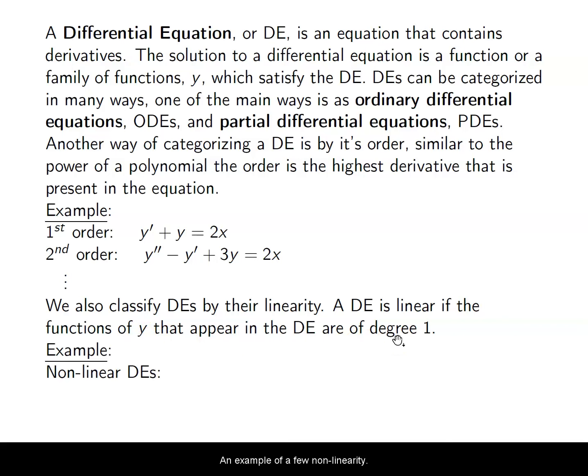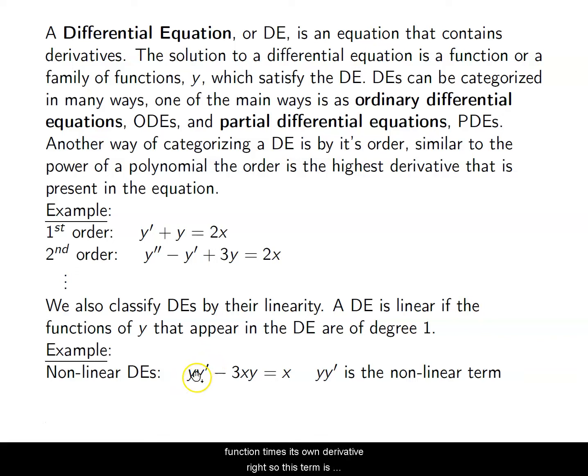Okay, so an example of a few nonlinear DEs is y prime minus 3xy equals x. Okay, so the reason that this is nonlinear is because I have a function times its own derivative, right? So this term is the term that makes it nonlinear, right?